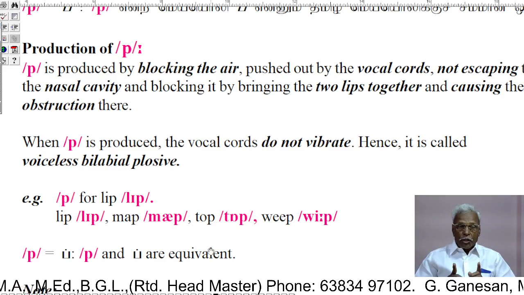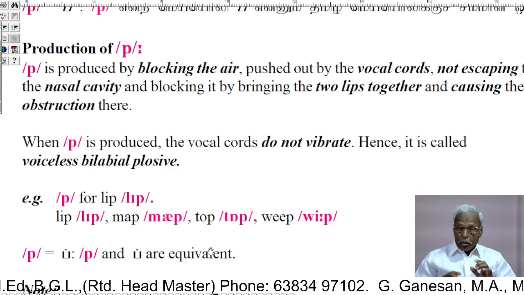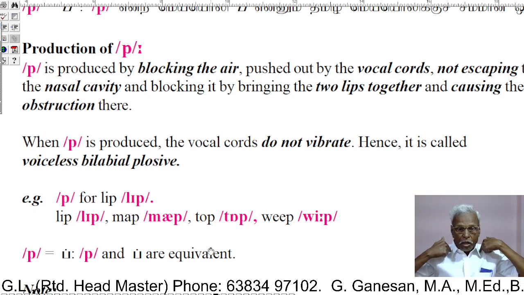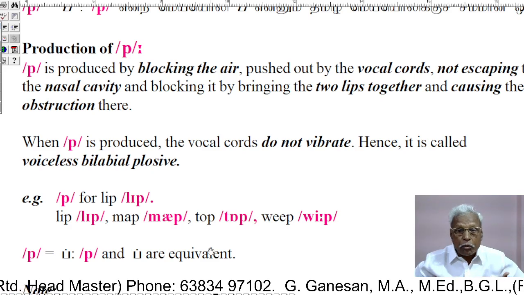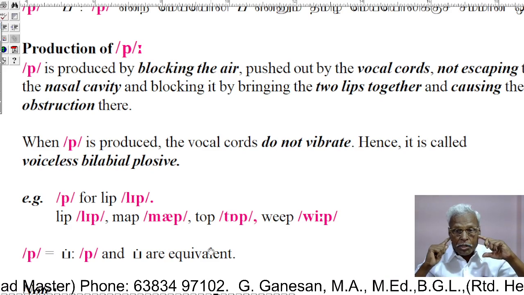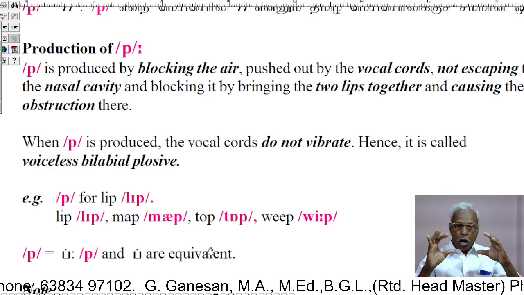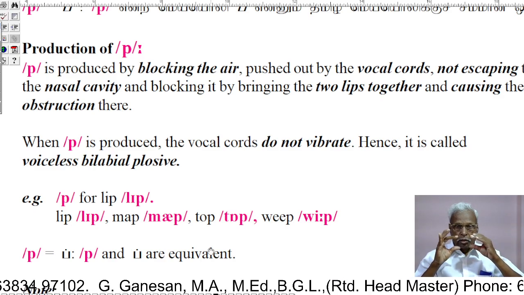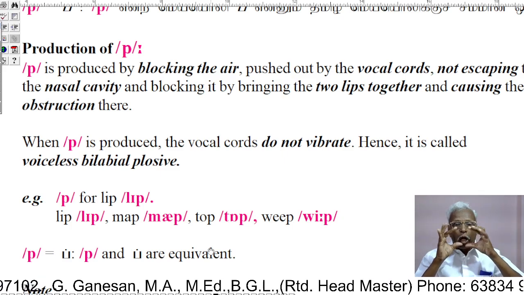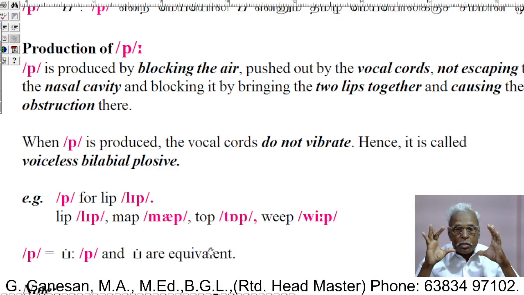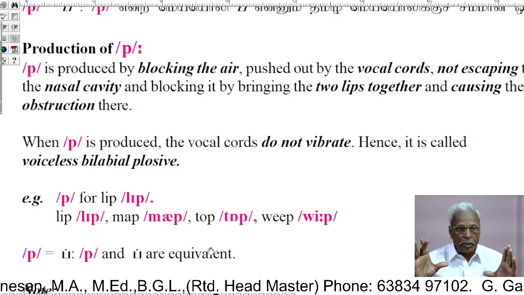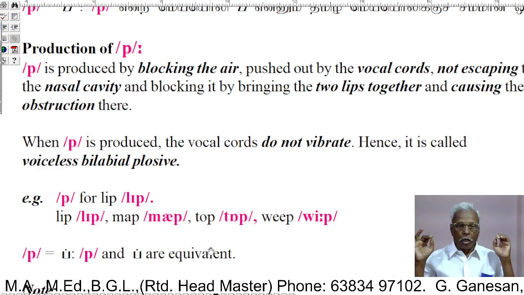Again, it is produced by blocking the air pushed out by the vocal cords, not escaping through the nasal cavity, and blocking the air by bringing the two lips together and causing the obstruction there.